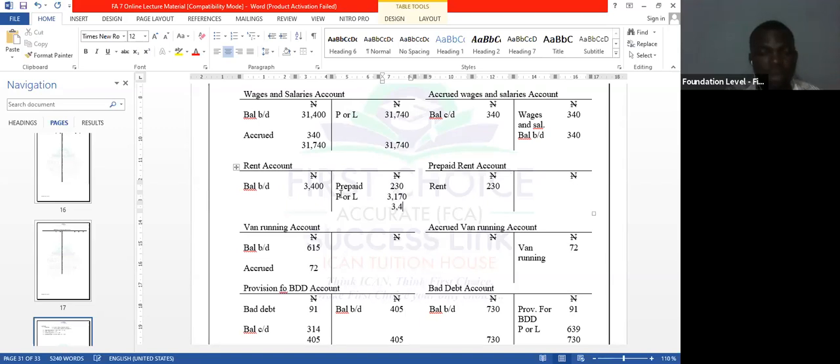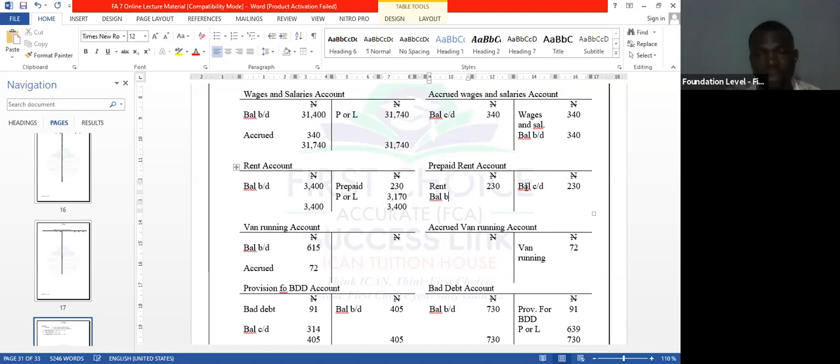So we have this to be 3,400. We balance it, so we have balance carried down to be 230. So we close it up. The next one is to put balance brought down, and that'll be 230.